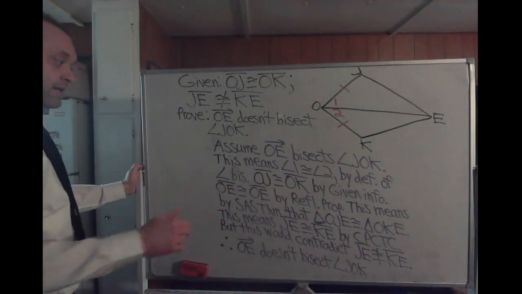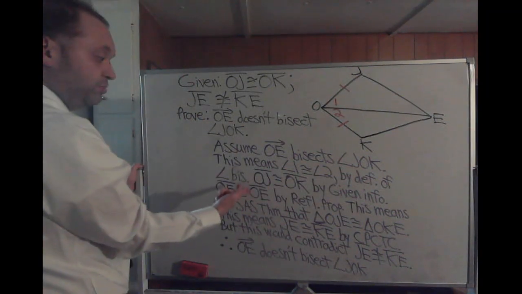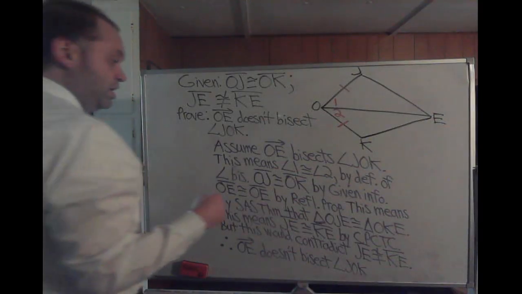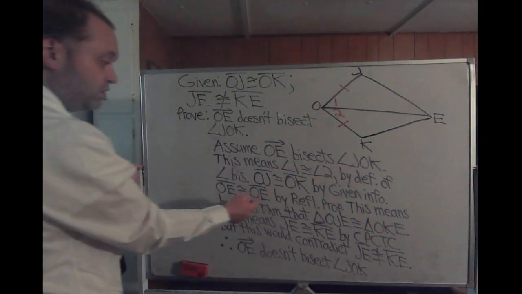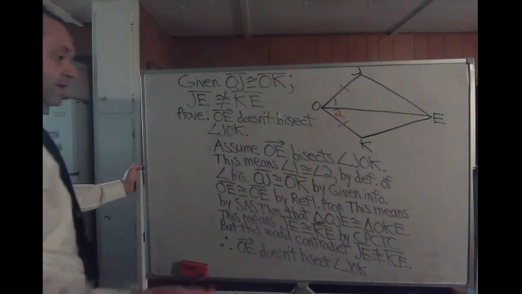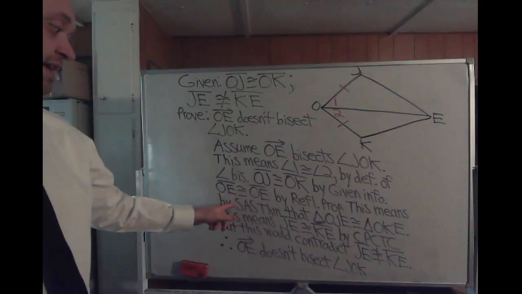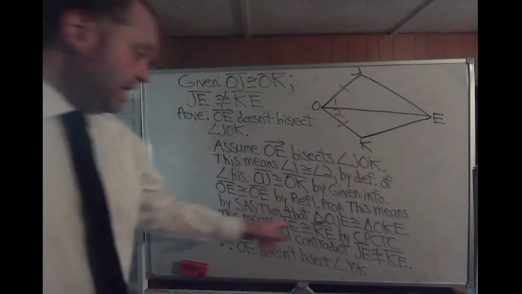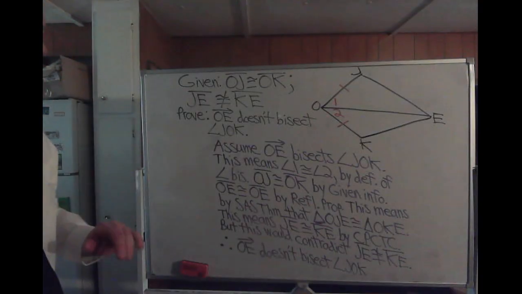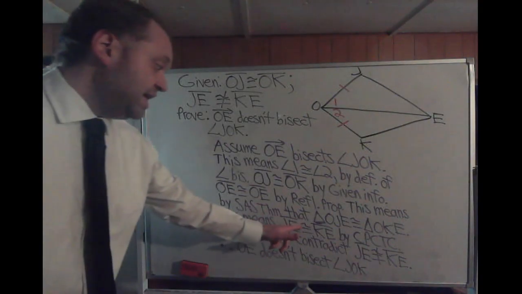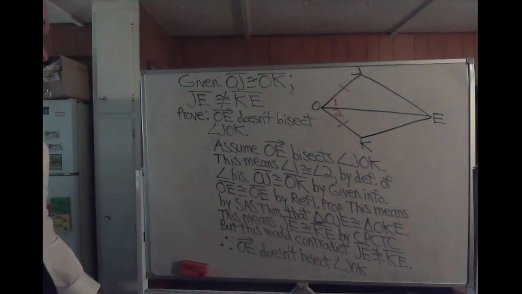So what does that mean? This means angle 1 is congruent to angle 2 by definition of angle bisector. OJ is congruent to OK by given info. OE is congruent to OE by the reflexive property. All these facts together mean by the side angle side theorem that triangle OJE is congruent to triangle OKE, which in turn means that JE is congruent to KE by CPCTC.